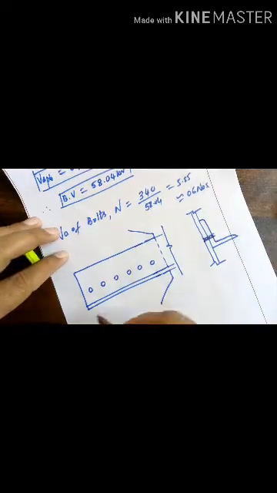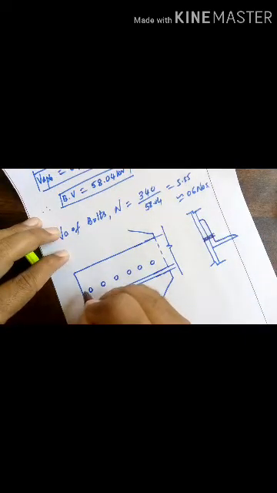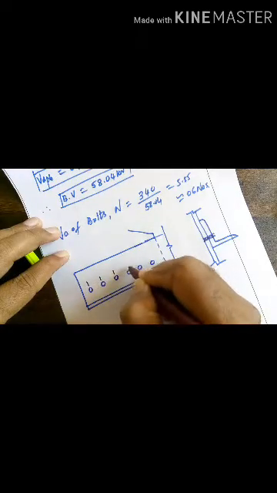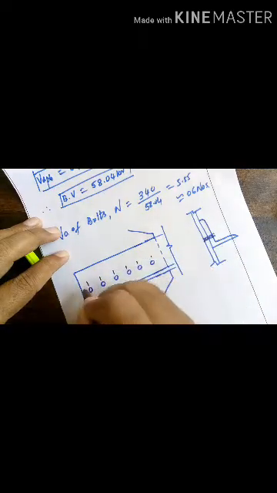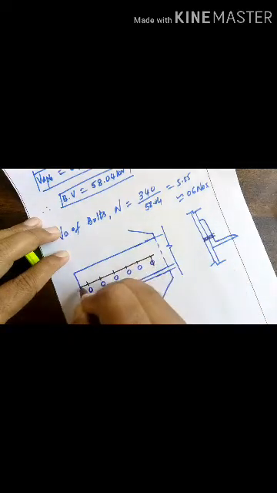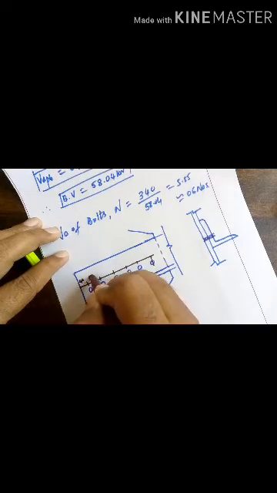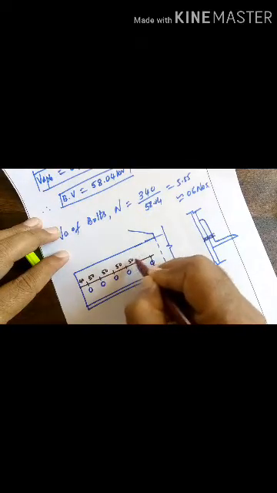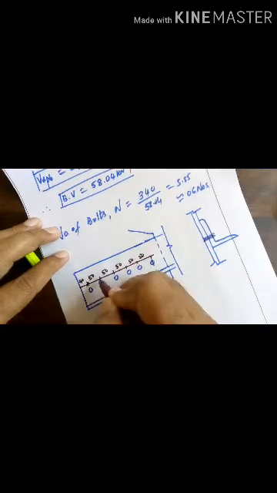Then also mark the pitch distances and edge distance. Edge distance we calculated as 40, pitch as 50, 50, 50, 50 and 50 here.